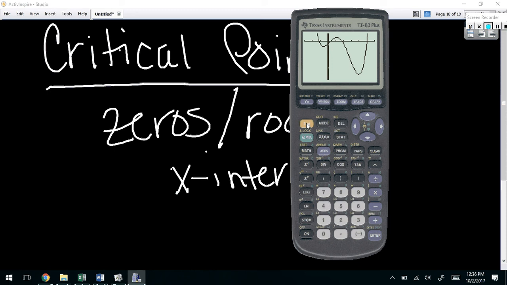If you go second trace, which is calculate, look at the options. Do you see the zero option there? Choose that. Now it tells you left bound.